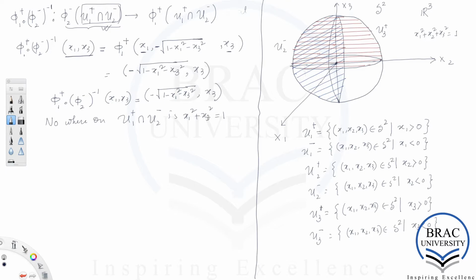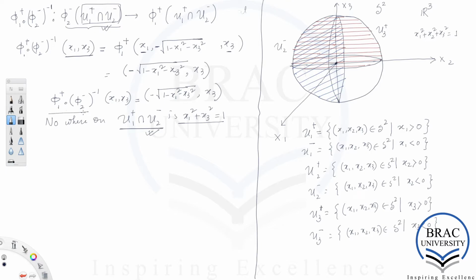That's precisely the unit circle on the x1, x3 plane centered at the origin. But that's not included in this open set, right? You cannot have this circle in this open set. And that is the reason this map is C infinity.